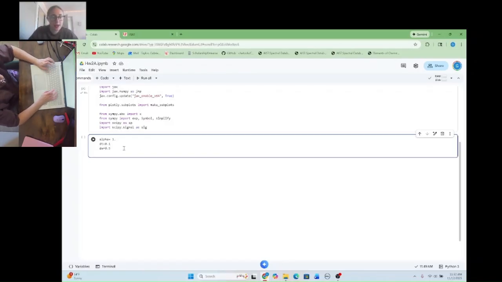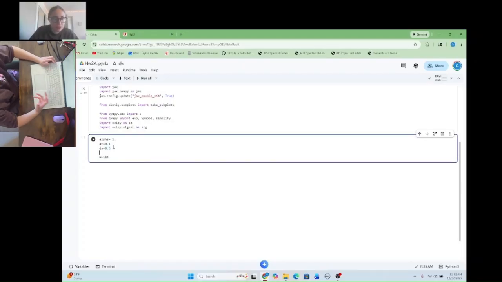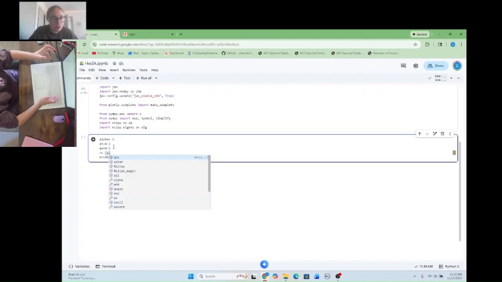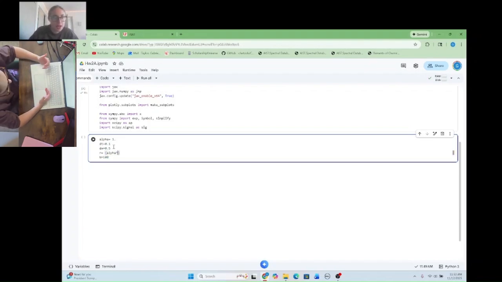And then we know we're going to discretize the bar into 100 sections, so that's going to be n equals 100. So this means how many pieces it's going to be split up into. And then also we have our r. We know what our r is because we already derived that. So that's going to be alpha times our dt divided by our dx squared.